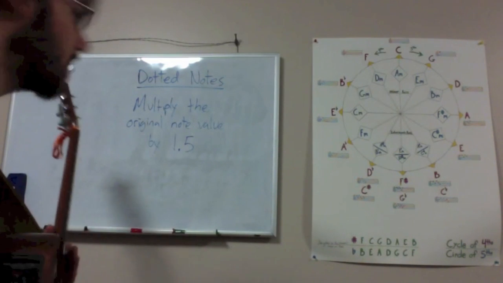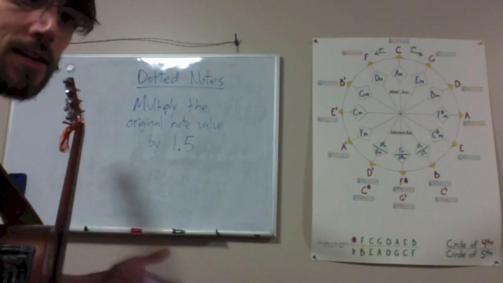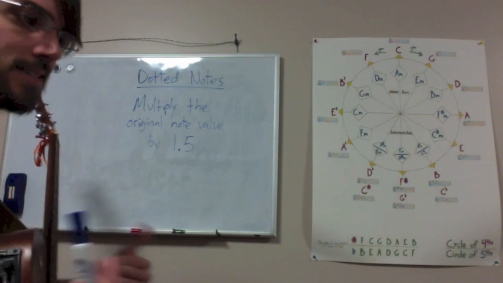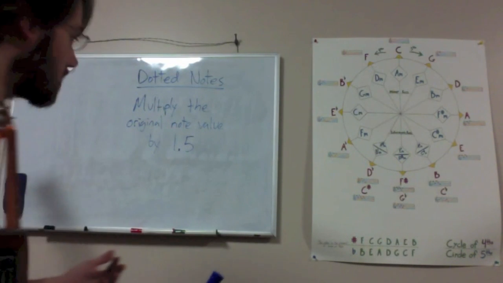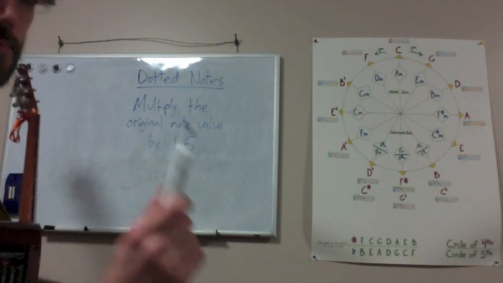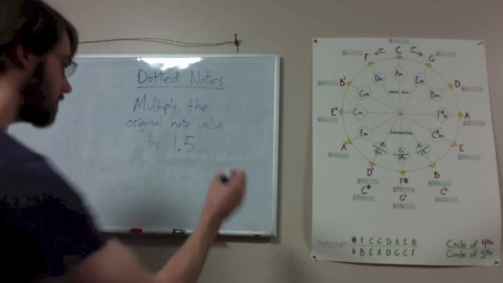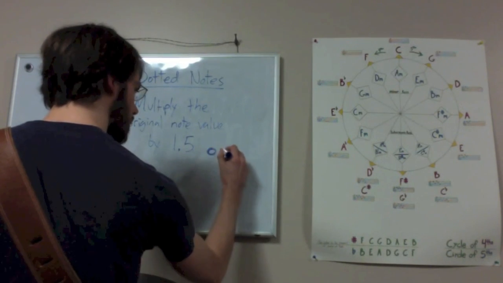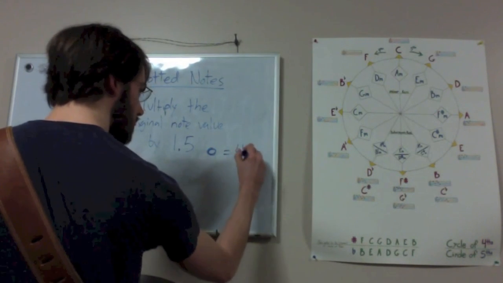Crazy, right? You can think of this dot as operating in multiple ways, but this is the way I like to do it because it's just easy numbers. It's a little less abstract. Okay, so for example, if I take a whole note, we talked about a whole note equaling 4 beats.